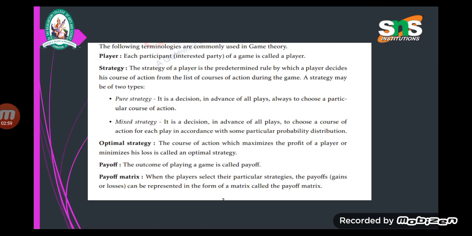In other words, we will call it the value of the game. Here we are going to calculate the payoff by using a payoff matrix. When the players select their particular strategies, the payoff can be represented in the form of a matrix, called a payoff matrix. The player will first select any one of the strategies, and the results can be obtained in a matrix format.